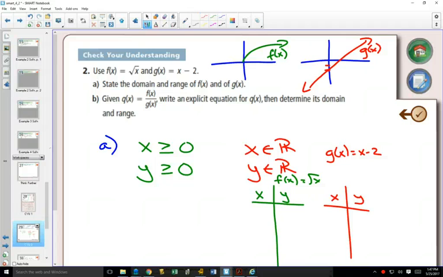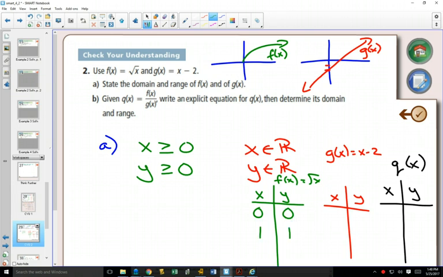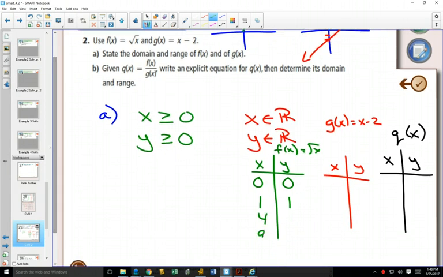And then figure out a table of values for the quotient, because all that you're doing is dividing the y values. Now with the square root graph, you have no negative numbers. So in our table of values, I'd probably put 0, 0. I'd put 1, 1. I probably wouldn't do 2. I mean, you could write 2, square root of 2, but square root of 2 isn't a nice number to work with. I'd probably just put a couple of nice numbers to work with.